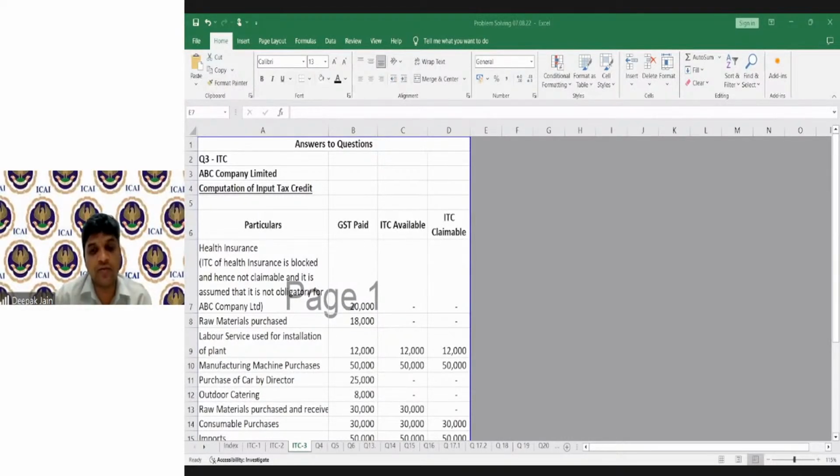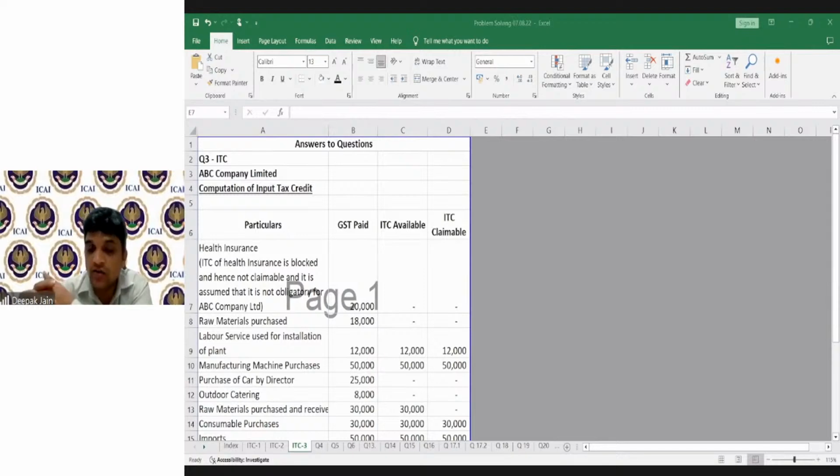Explain import input again, and other input where it was not showing in 2A. Yeah, two things that are not appearing in 2B that you can claim: one is import of goods, and the other is purchases on which you have to pay reverse charge, like legal charges, GTA charges, sponsorship charges. If it doesn't appear in 2B, still you can claim it because you are paying taxes on that.